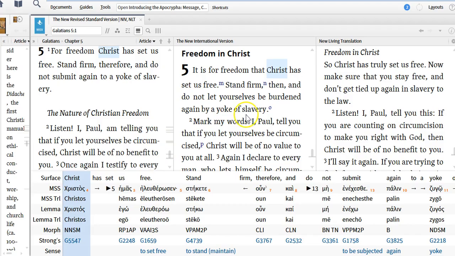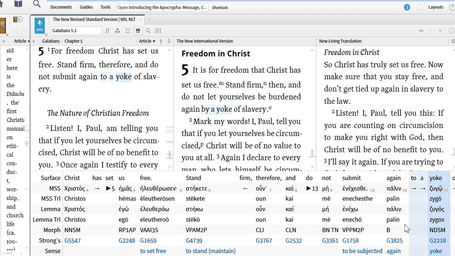Zugo is the next word that I want you to look at. Zugo, over here, is a noun in the dative case, coming from a Greek word meaning a yoke, such as you would put on oxen to pull a cart.